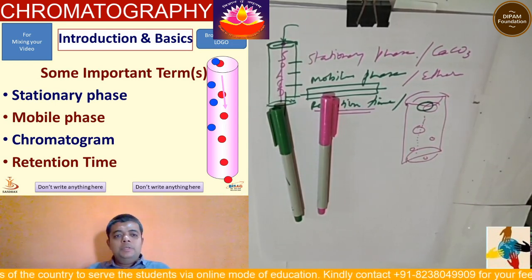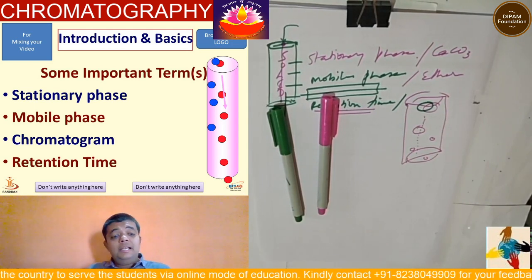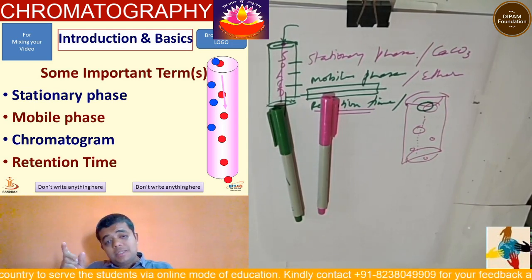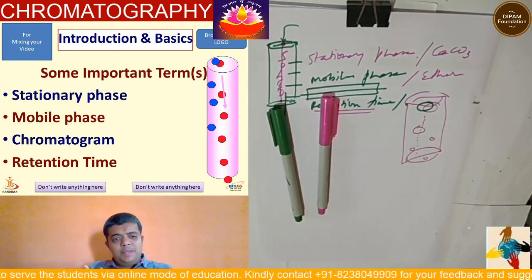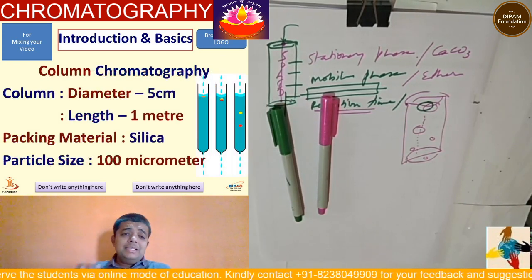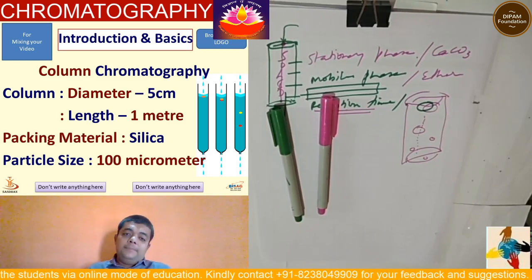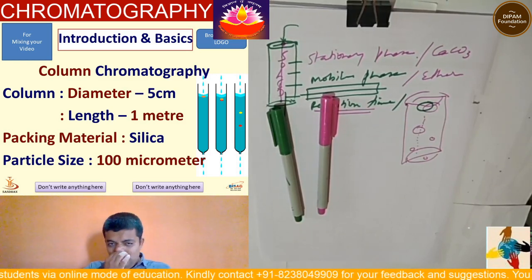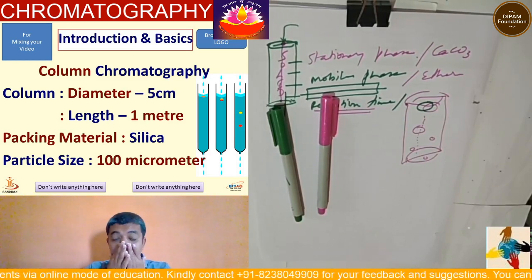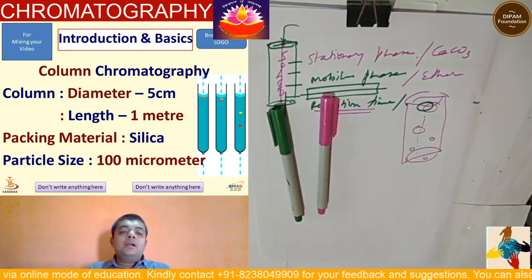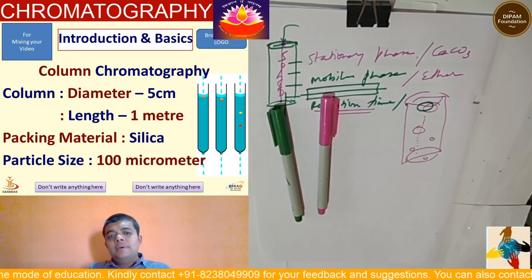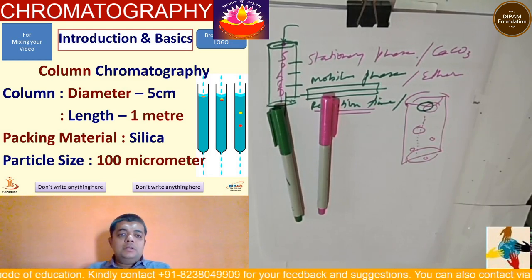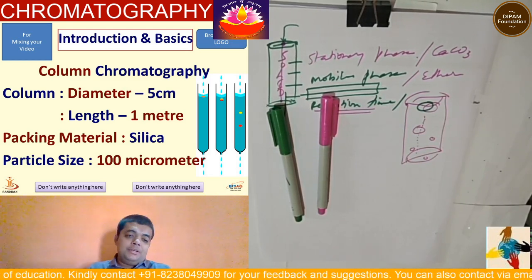Now, a little bit more in detail, this technique where you are using a glass column, you are separating the compounds, let us call it column chromatography. The three columns that are visible on the screen are not different, they are one. But the column has been photographed at different time fractions.